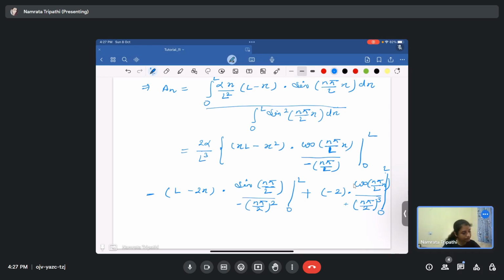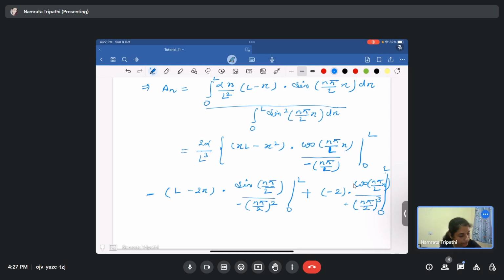And sine, here x is also there. Sine n pi will become 0, sine 0 is 0. So we are left with only the third term.